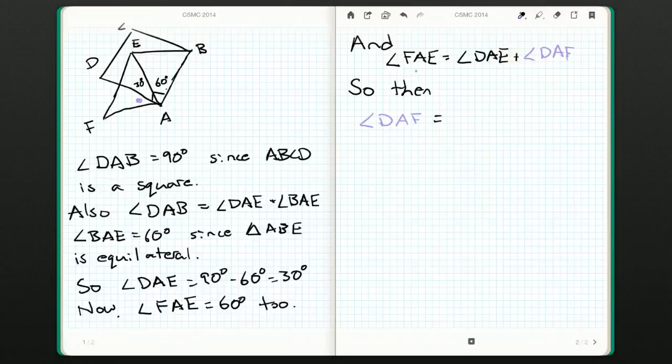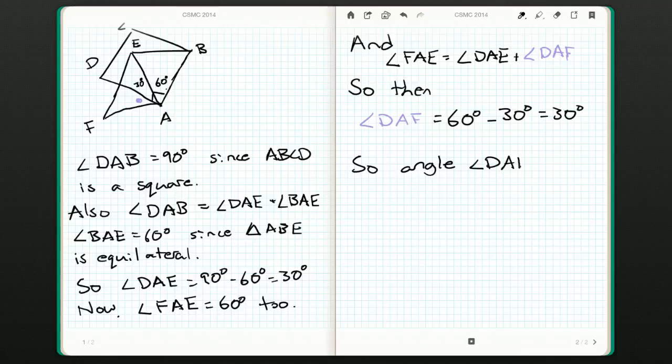It's going to be angle FAE, which we just mentioned is 60 degrees, minus DAE, which we figured out was 30 degrees. So we get 30 degrees, that's our final answer.